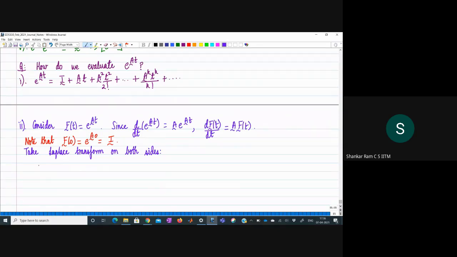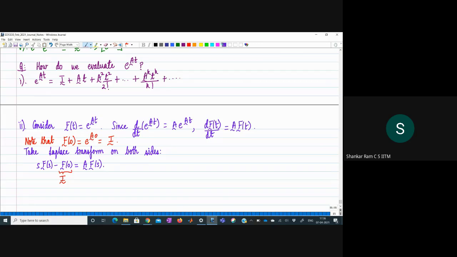If we take the Laplace transform, we are going to get s times F of s minus f of 0, that's going to be equal to A times F of s. Okay, so f of 0, as we know, is going to be identity.